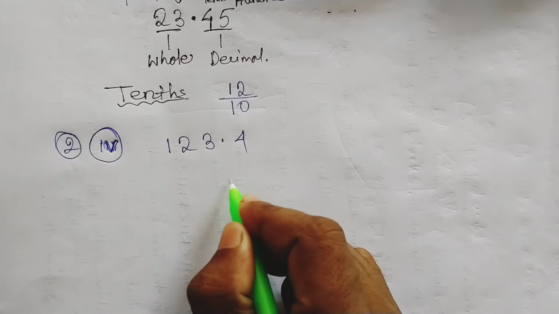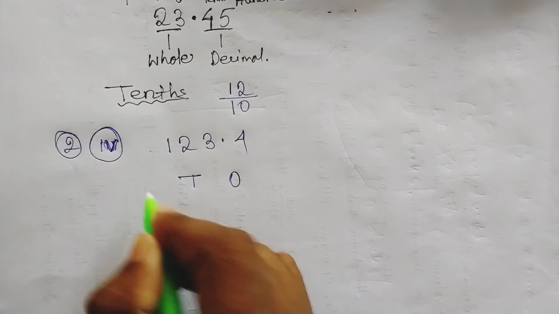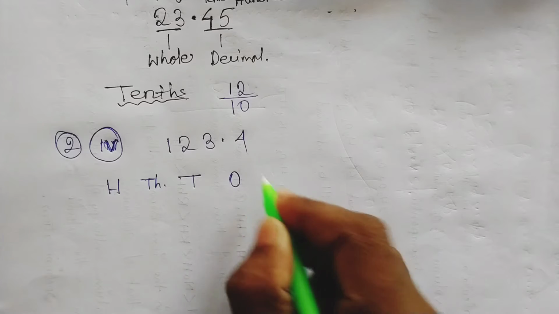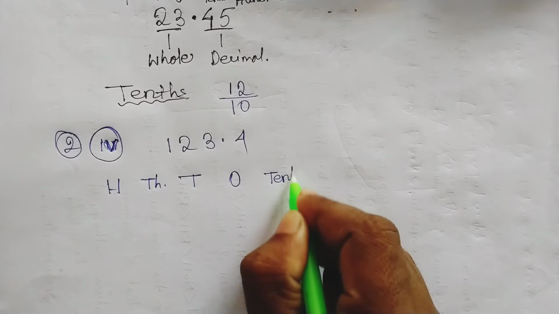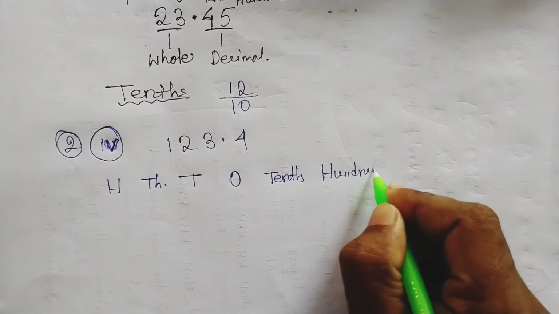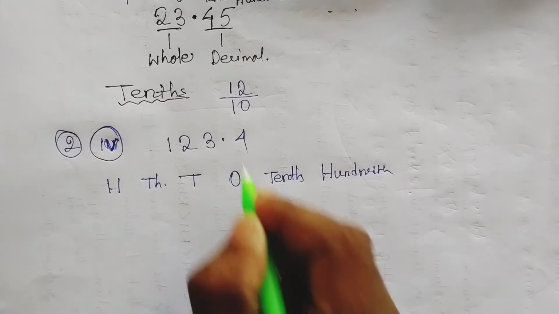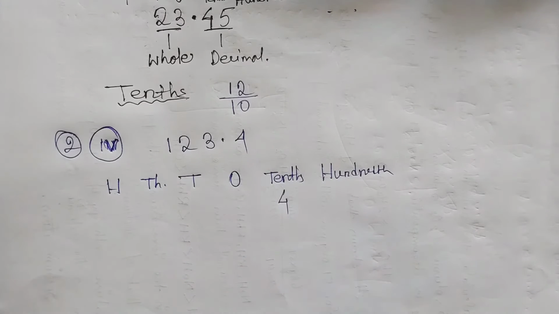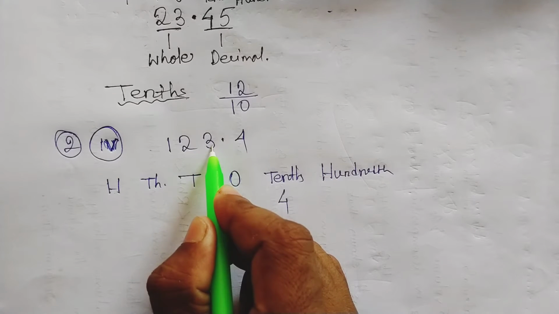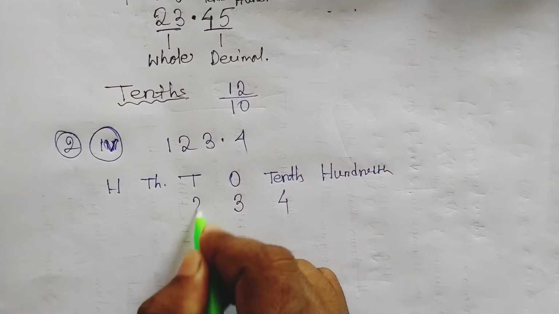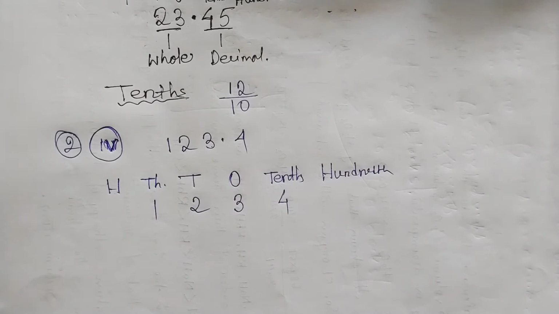At first ones, then tens, then hundreds, and after the decimal we have tenths, then hundredths. After the point there is only 4, so write here 4. Here is 3, so in the ones place write 3, here 2, and here 1. Understood everyone? So this is our final answer.